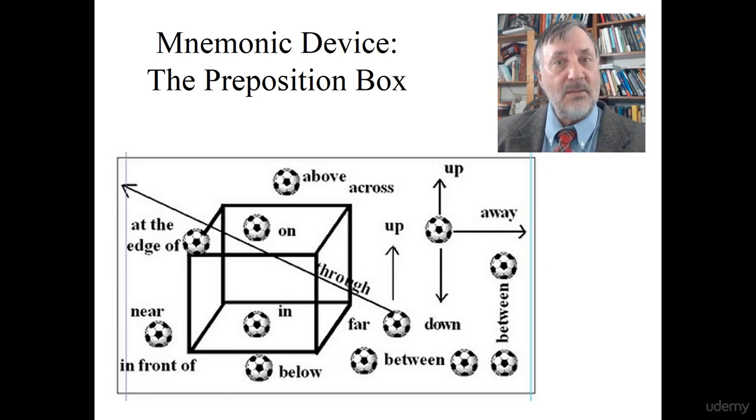So you're in the box, you're on the box, you're under the box, you're to the side of the box, you're going through the box. All these words are prepositions. And if you just remember what the preposition box does, it helps keep your prepositions nice and safe and snug for your use. So you can pull them out anytime that you need them in your speaking or writing.